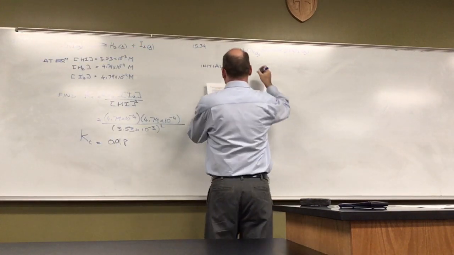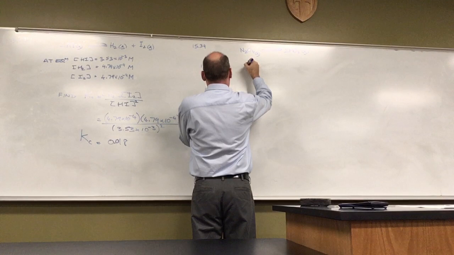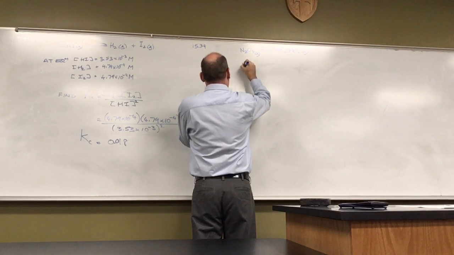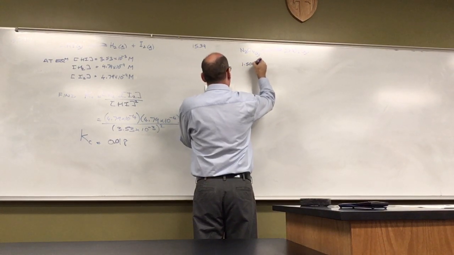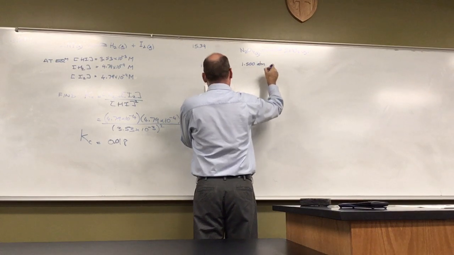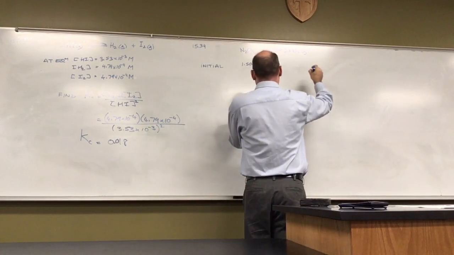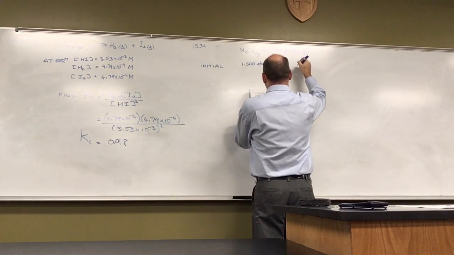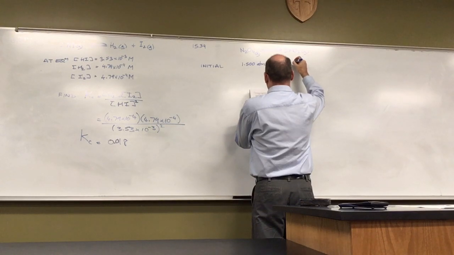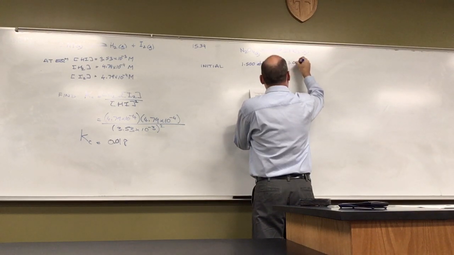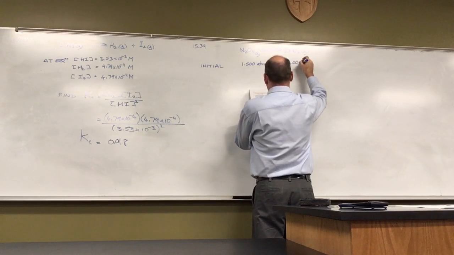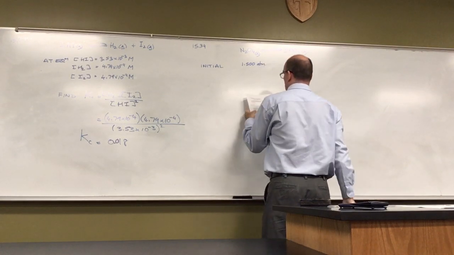So when I started the reaction, I had 1.500 atmospheres of nitrogen tetroxide and 1 atmosphere of NO2.